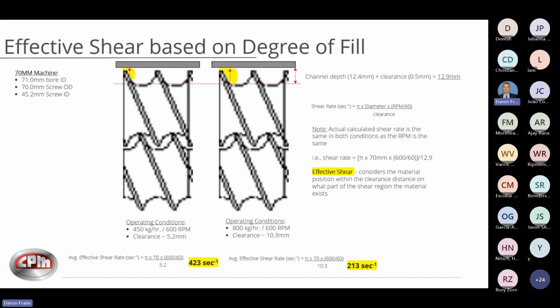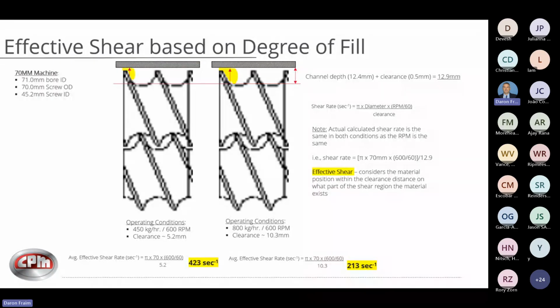And so here, again, is another visual and explanation on this. If I try to calculate this, the interesting thing is the actual calculated shear rate is the same, because remember, shear rate's calculated on diameter, pi, operating RPM. And the mechanical clearances are the same on the machine.